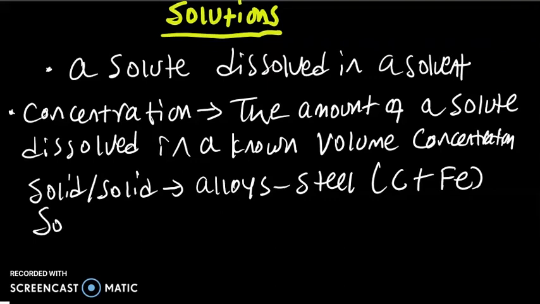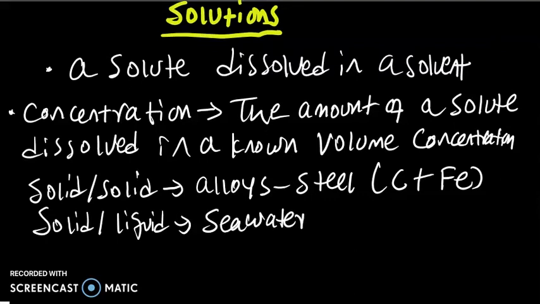We have solid versus liquid. An example for this would be seawater, because seawater contains a lot of salt, and salts occur in nature as solids. For example, the salt copper sulfate plus water.